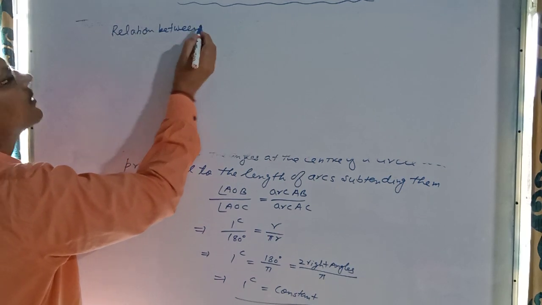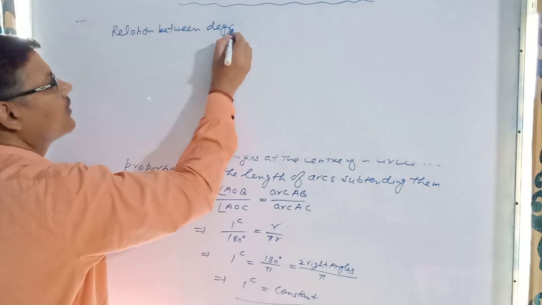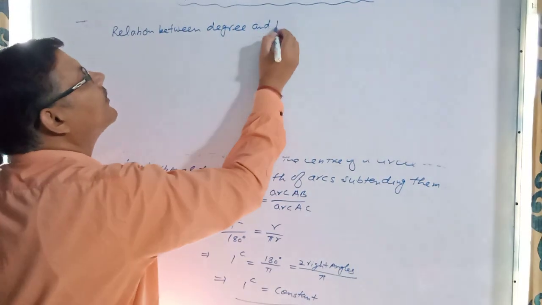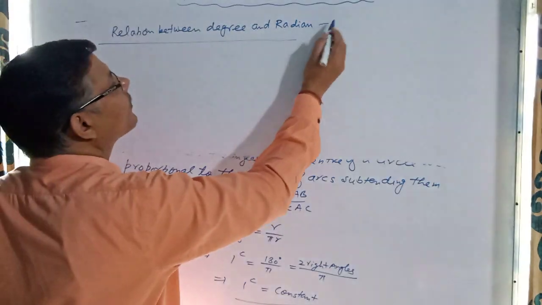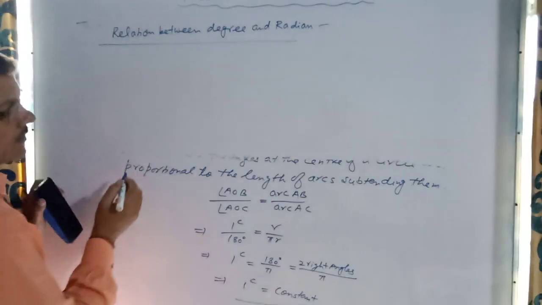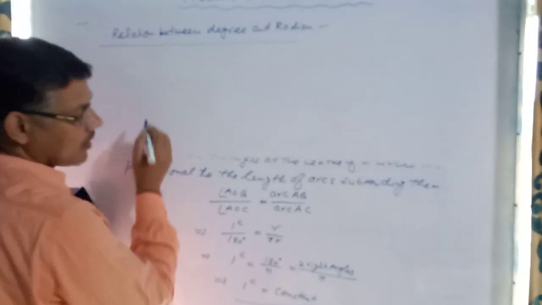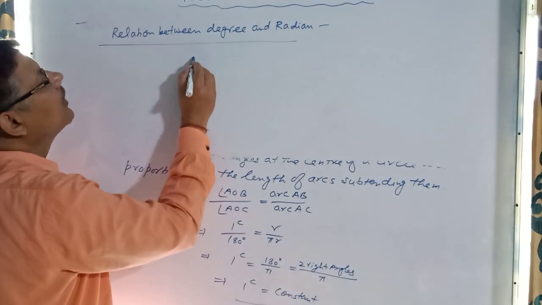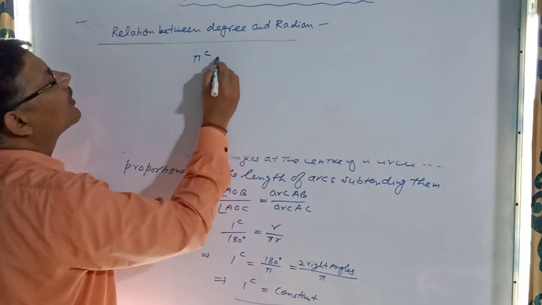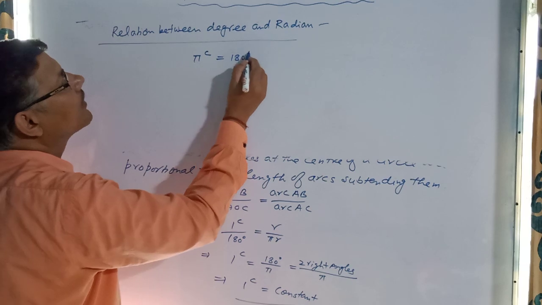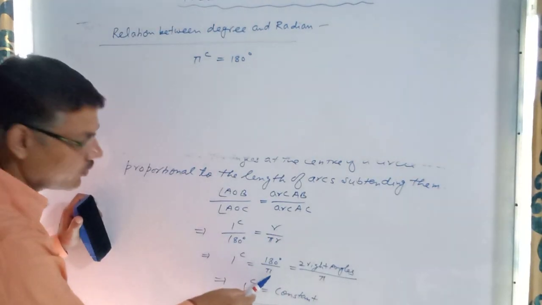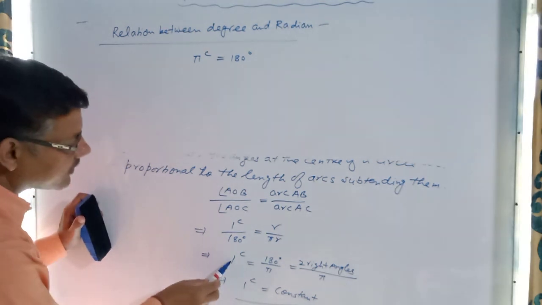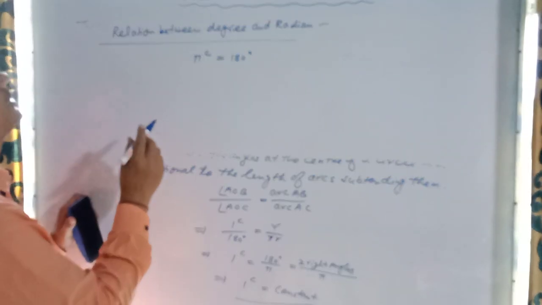So that is the relation between degree and radian. From this relation we get pi radian equal to 180 degree. I am writing the same. It is 1 radian equal to 180 by pi degree. When we cross multiply, then we get pi radian equal to 180 degree.